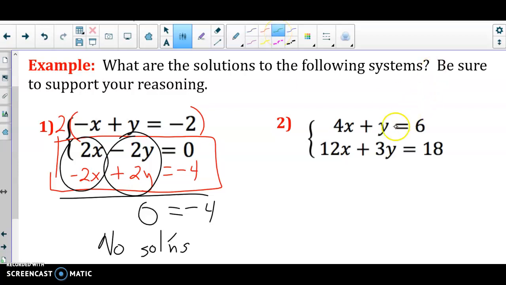Okay, next, let's take a look at this one over here. And I'm now going to be saying, well, what do I need to... Ooh, wait, I could multiply this one through pretty easily. If I multiply this top one through by, say, -3, yeah, that's going to work out nicely. -12x, -3 times y is going to be -3y, and -3 times -6 is -18.